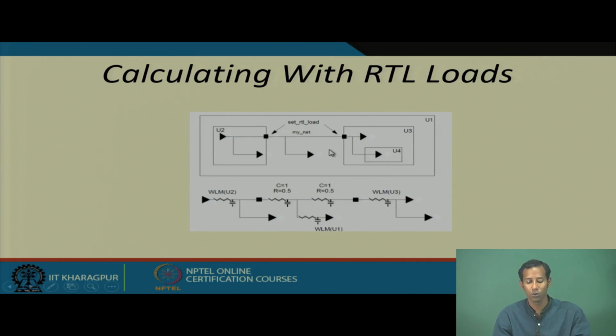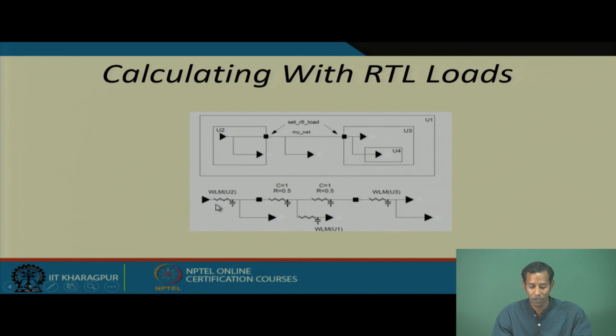Now, how these tools calculate the corresponding net delays is this. Suppose U1 and U2 are blocks, and U3 is another block. They are connected by these nets, with a wire load model.